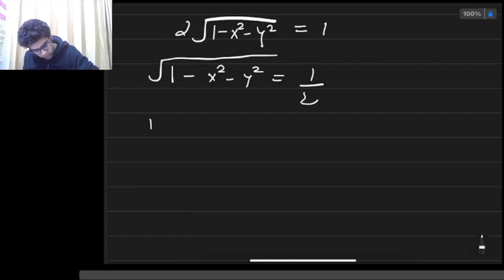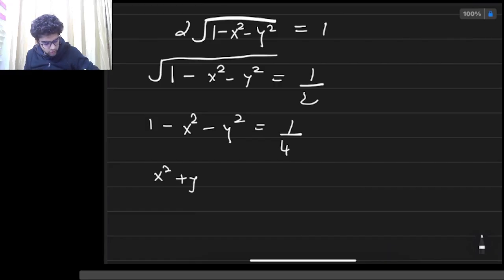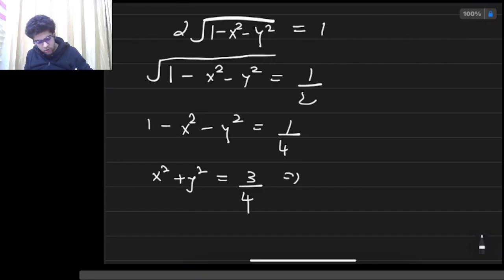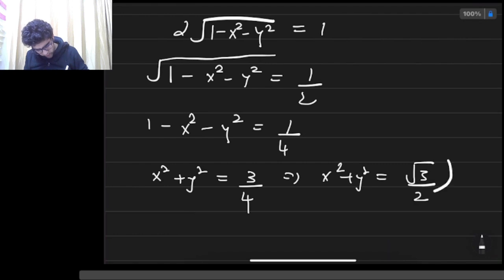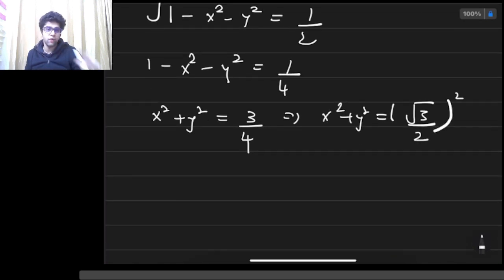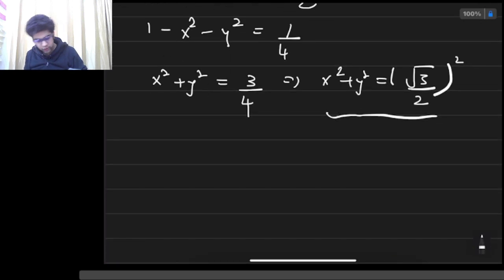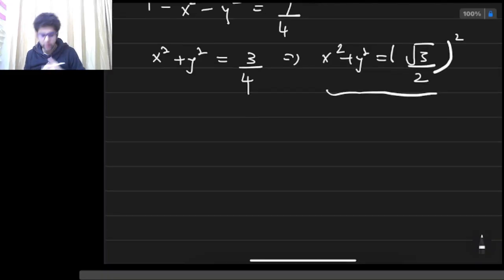If I square both the sides, this becomes 1 minus x square minus y square equal to 1 by 4. So x square plus y square is equal to 3 by 4, which gives me x square plus y square is basically root 3 by 2 whole square, and this is actually the boundary of a circle, and the radius is root 3 by 2, right?